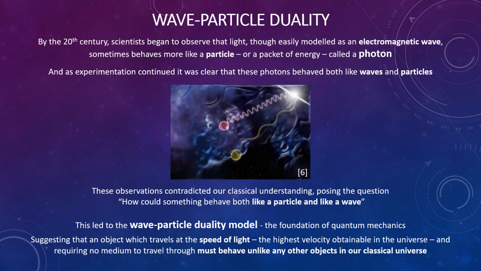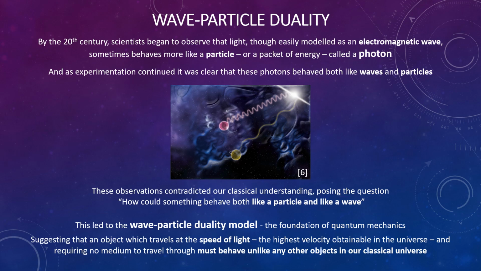So this is where things start to get complicated by what we call quantum mechanics. This leads to a behavior known as wave particle duality. In the beginning of the 20th century, scientists began to observe that light often would behave as a particle even though it could be modeled, and you could make predictions with it being modeled, as an electromagnetic wave.